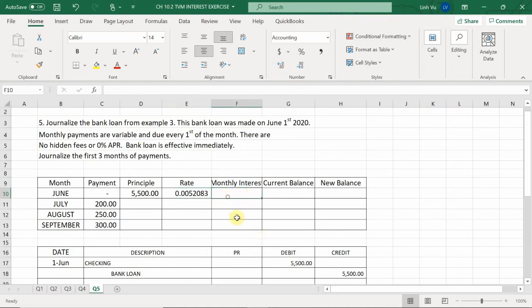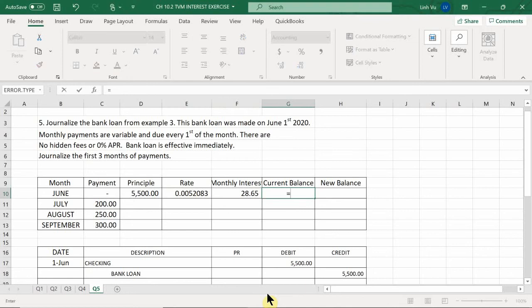That means the monthly interest that's going to be charged for the month of July is going to be $28.65. So my current balance is now going to be my $5,500 plus my interest of $28.65, to give me $5,528.65.